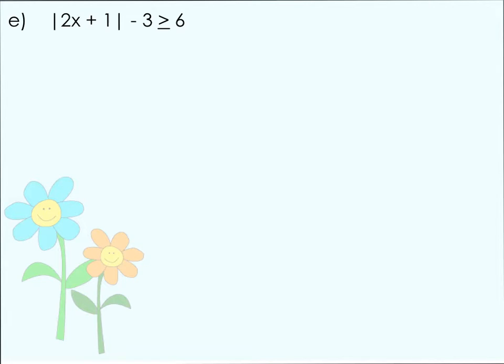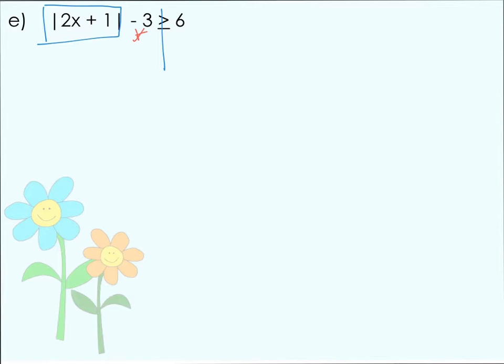All right, now let's take a look at this one. Line through inequality. Here's my absolute value. Is there something outside that absolute value that's on the same side? Hope you're like, Mrs. Haugen, yep, there's a -3 there.